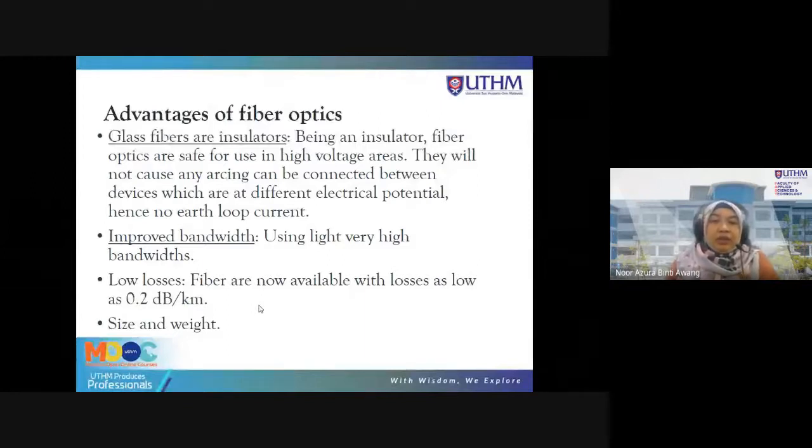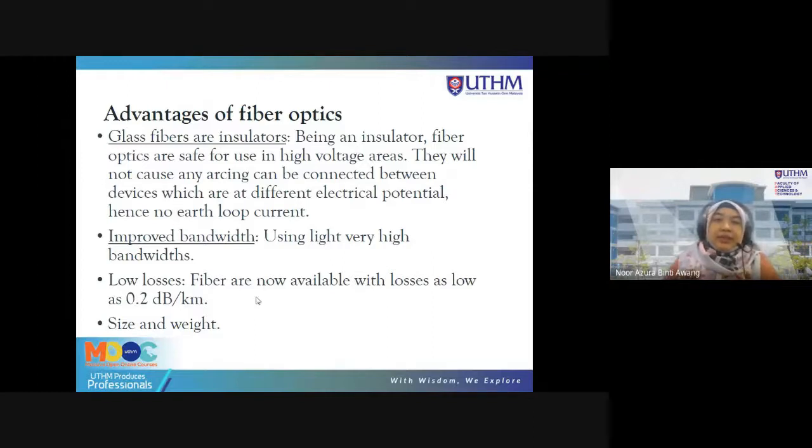They also have the advantage of improved bandwidth, because of very high bandwidth and low loss, capable of down to 0.2 dB per kilometer, and the size is small and the weight is less.